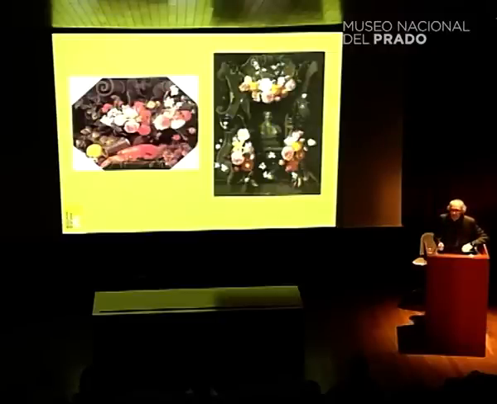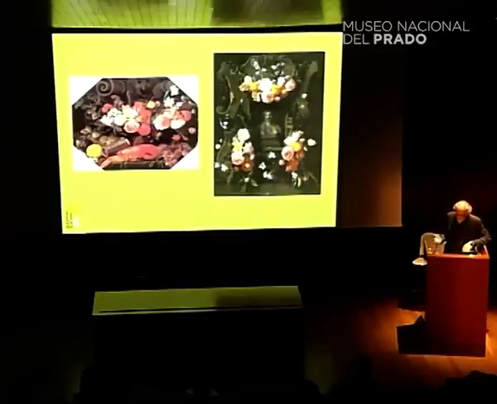Then, also in the first half of the 1640s, de Heem started to paint flowers. Most of us know Davidsz de Heem as one of the most important painters of flowers from the 17th century. But in fact, he only started to paint flowers much later in his career.